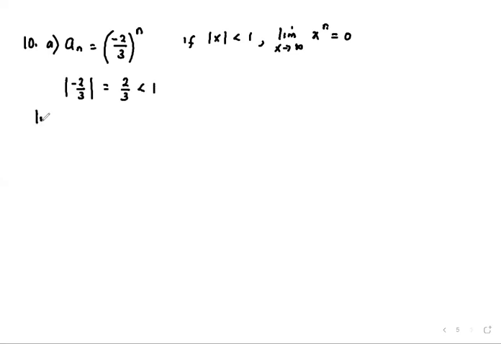So the limit as n goes to infinity of (-2/3)^n is equal to 0. So we simply apply that principle, yeah?